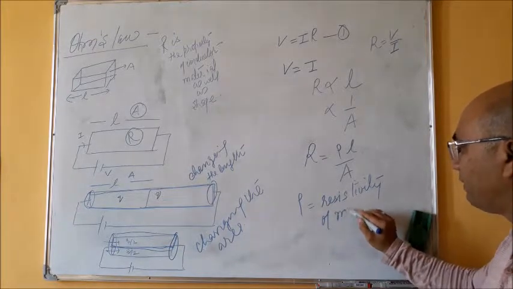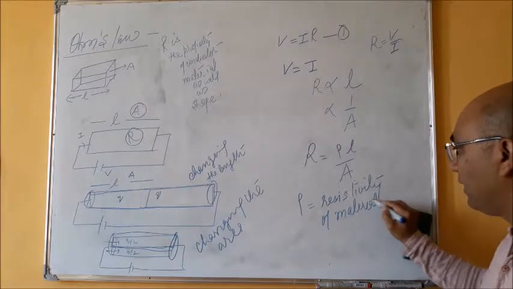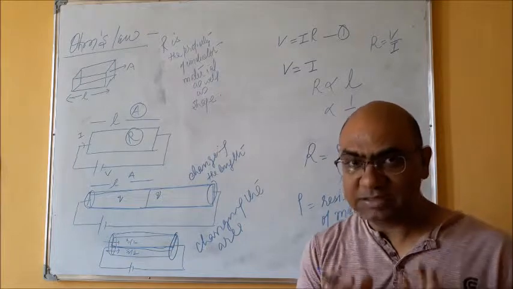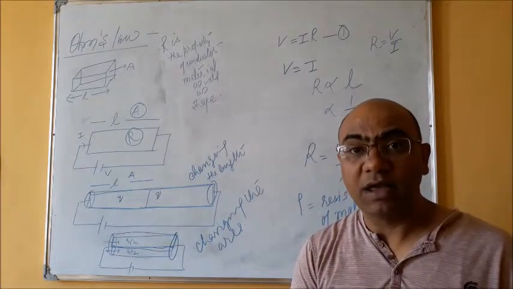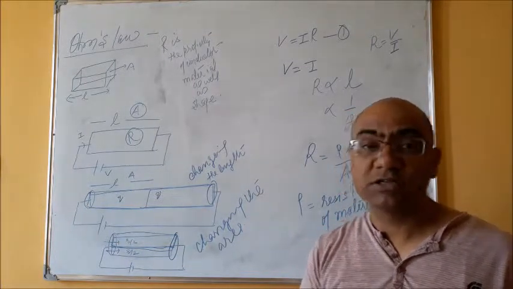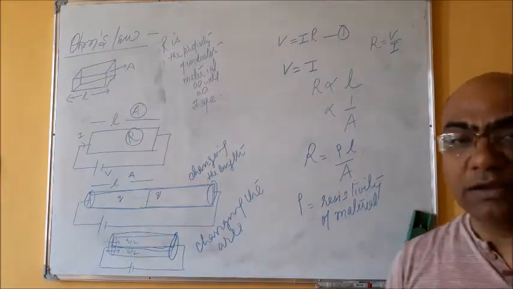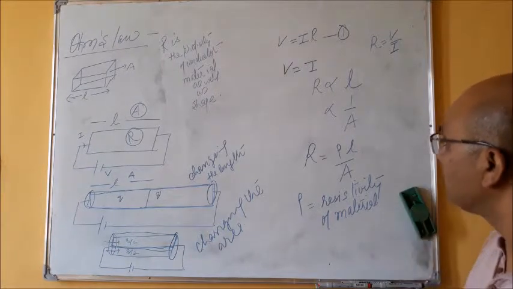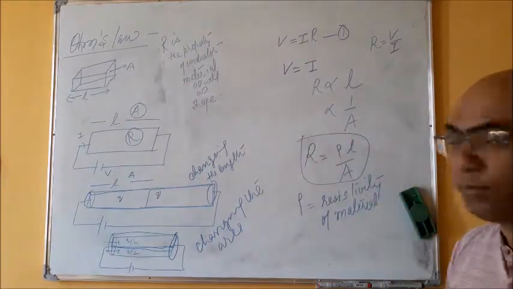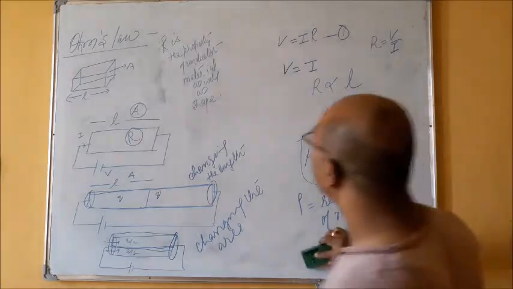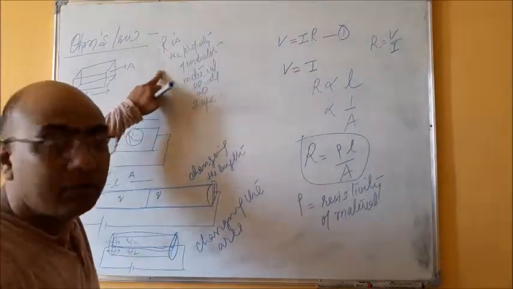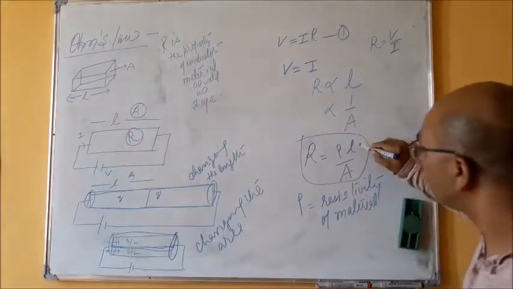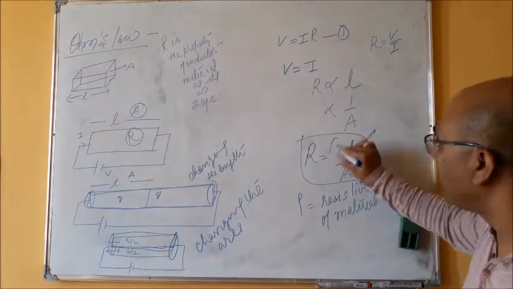of the material. So whatever material we are using, every material has some property, and this property is called resistivity of the material. And in short, we can say, yes, R is given by the formula rho L upon A, and hence since I wrote here that R is the property of the material as well as the shape, you see R depends on the shape, L and A, and R depends on rho.